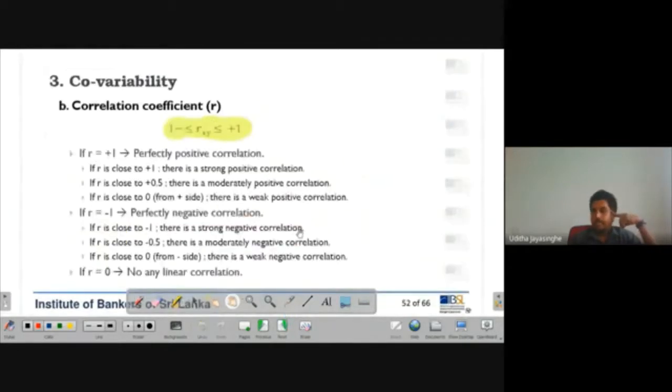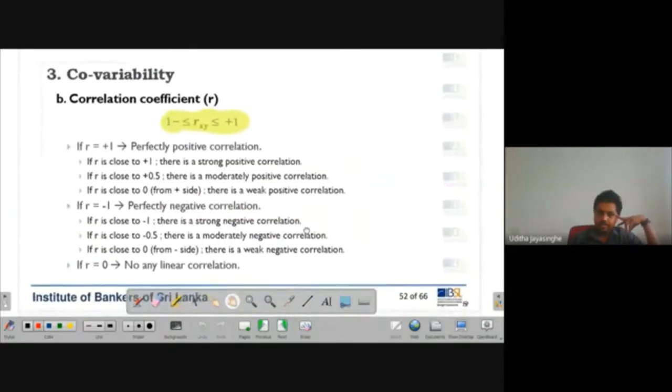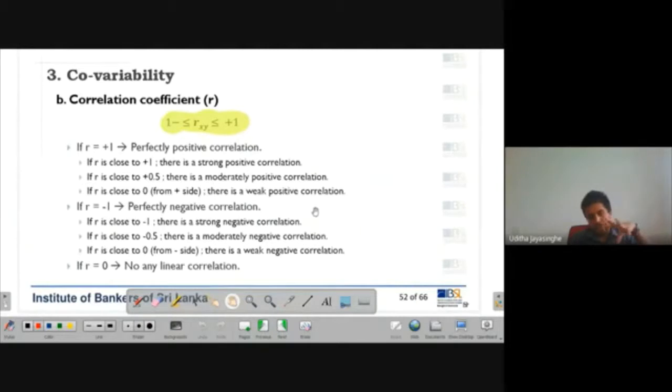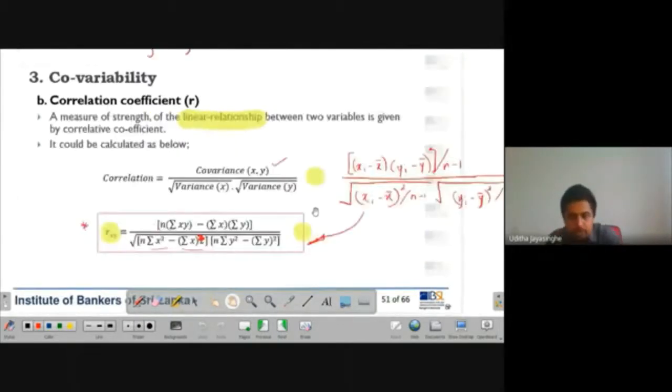Now, the explanation part. Once you do this calculation, students, once you calculate this rxy, look into the ingredients that you're feeding into this equation. You're putting some xi minus x bar on the top, multiplied by yi minus y bar, and on the bottom you have these xi minus x bar squares.